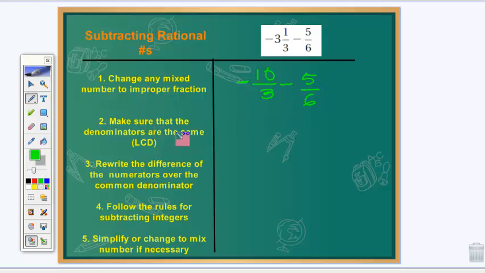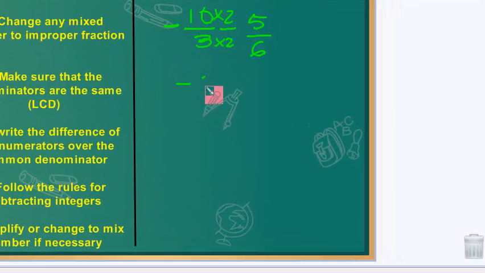Then the next step will be to make sure that they have the same LCD. So we do times 2, and we have negative 20 over 6 minus 5 over 6. Then, similar to the first example, we rewrite the difference of the numerators over the common denominator.